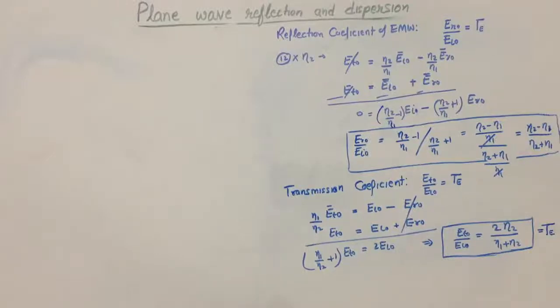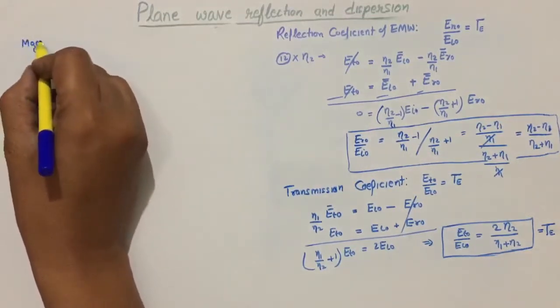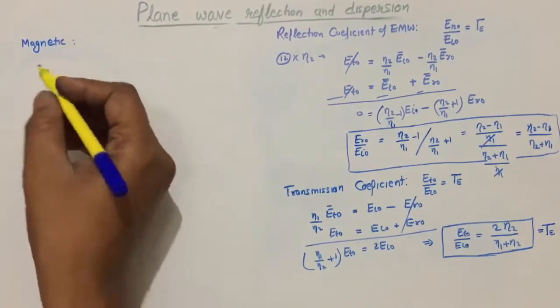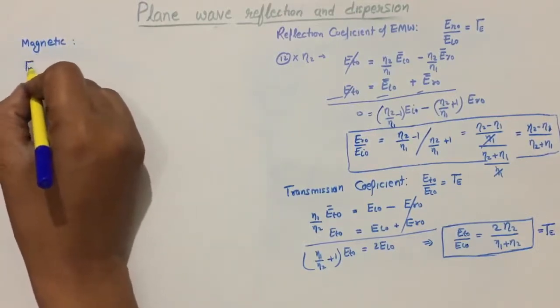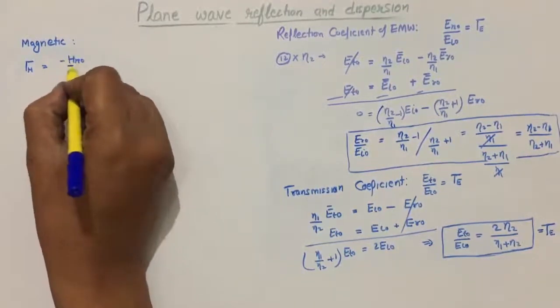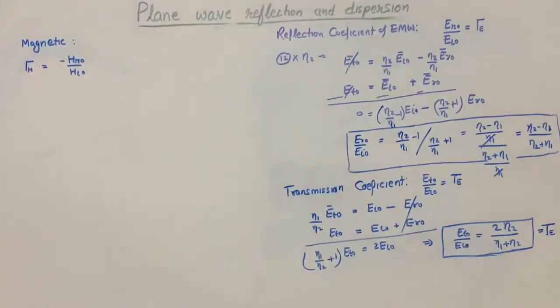Now, if we wish to find the transmission and reflection coefficient for the magnetic wave, then in case of the magnetic wave, the reflection coefficient will be reflection divided by incidence. The formula will remain the same.